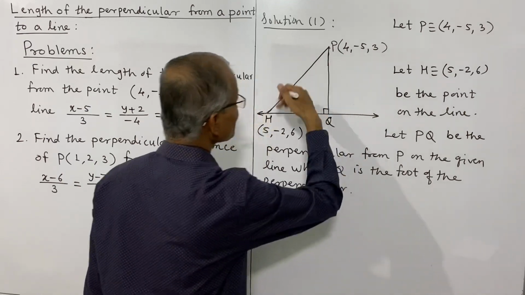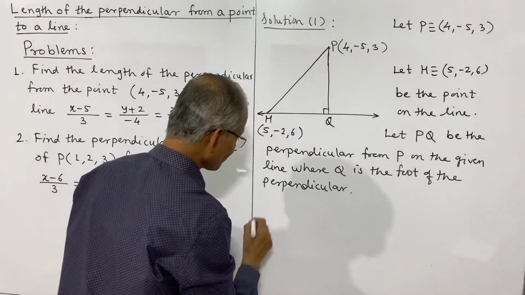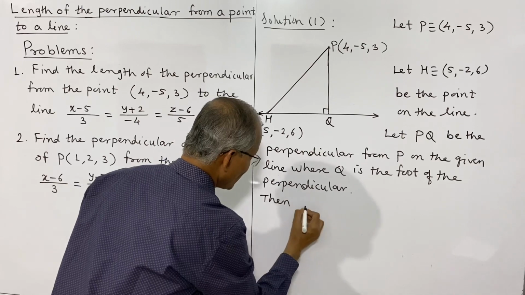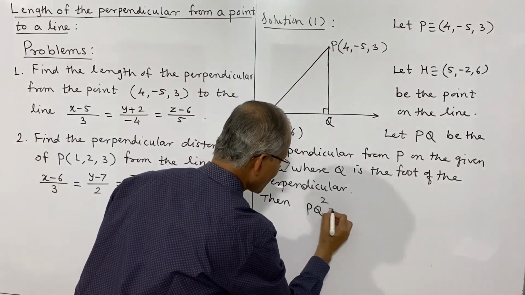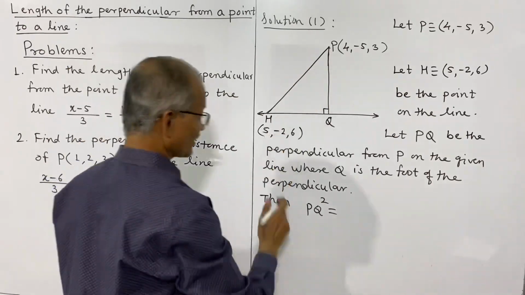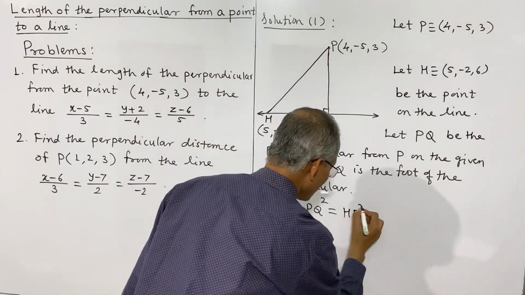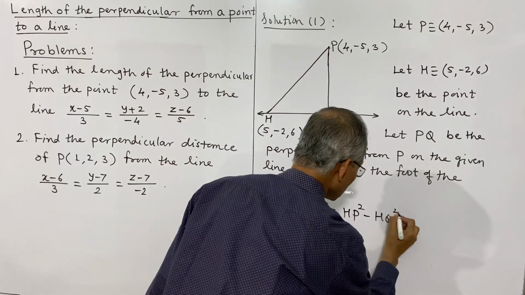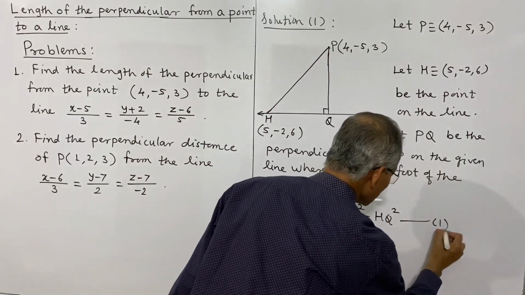And now from this right angle triangle we have PQ square is equal to, from the figure, by Pythagoras theorem, HP square minus HQ square, and we can call this equation 1.